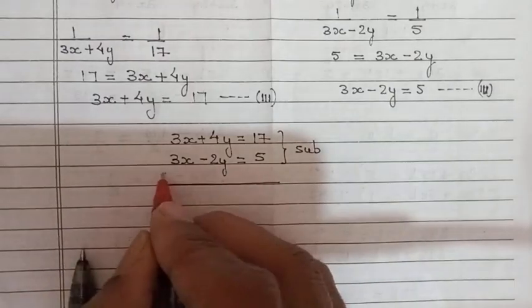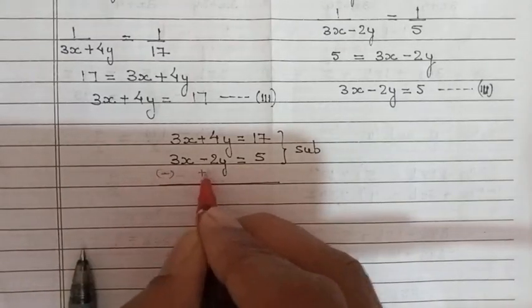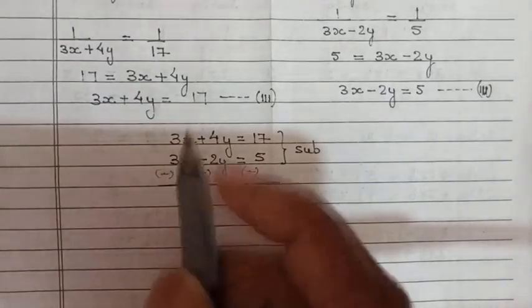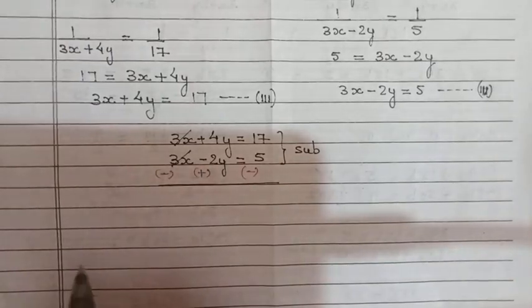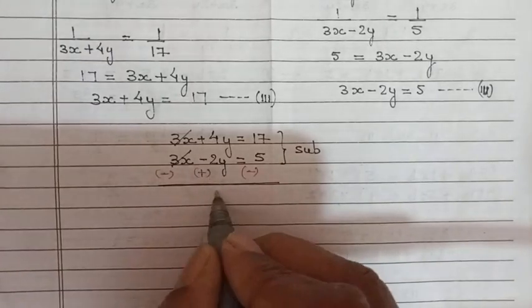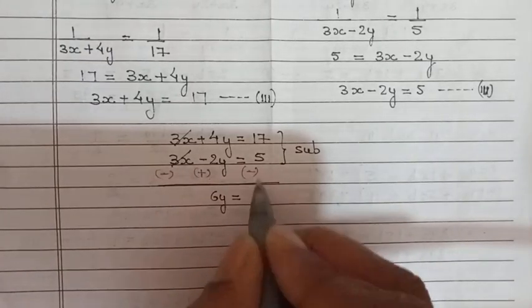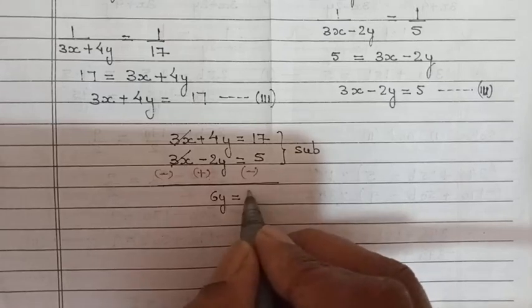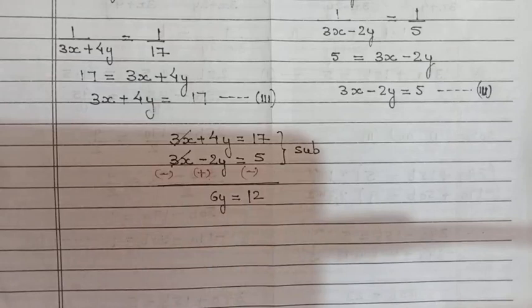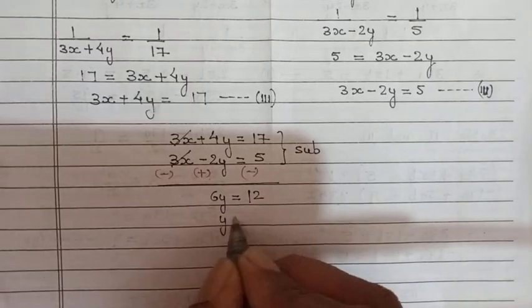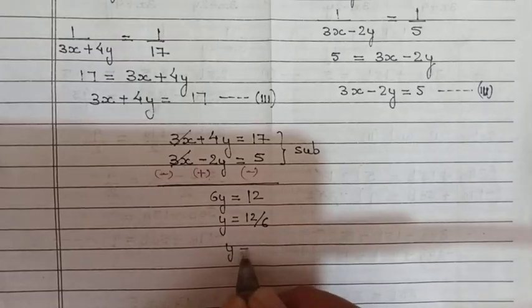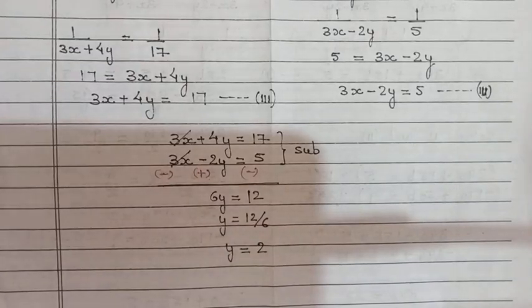That means the second equation will be subtracted to eliminate x. So we have eliminated x over here, and we are getting 6y is equal to 12. So y is equal to 12 upon 6. So the value of y comes out as 2.